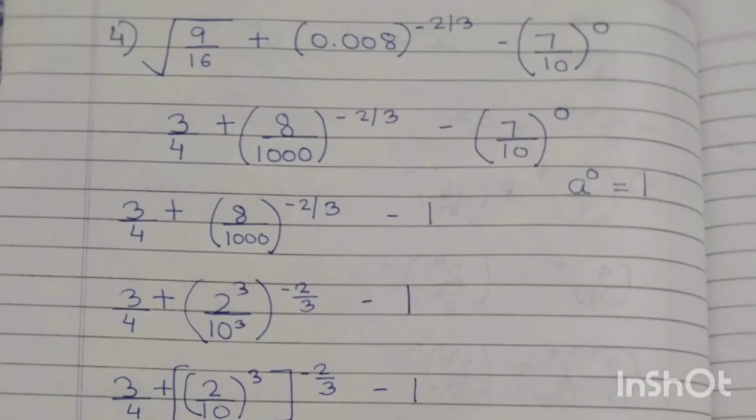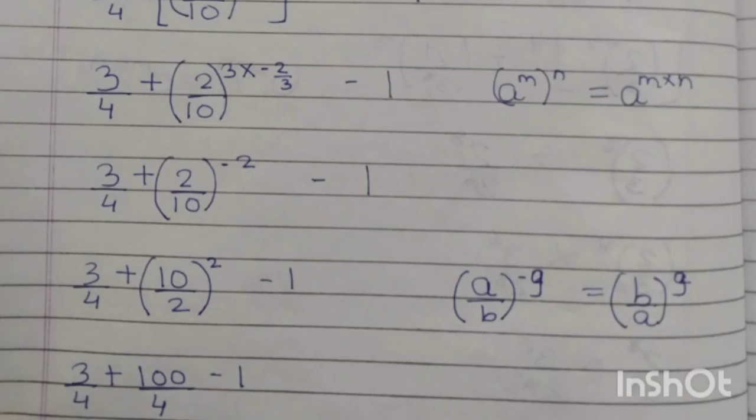So 8/1000, you can rewrite it as 2^3 divided by 10^3. Now the exponent 3 is on both 2 and 10, so you can take it out. So it will be (2/10)^3 whole power minus 2/3. By the power law, we can multiply 3 and minus 2/3, which is minus 2. The 3 and 3 will be cut because one 3 is in the numerator and one 3 is in the denominator. So it will be (2/10) to the power minus 2.